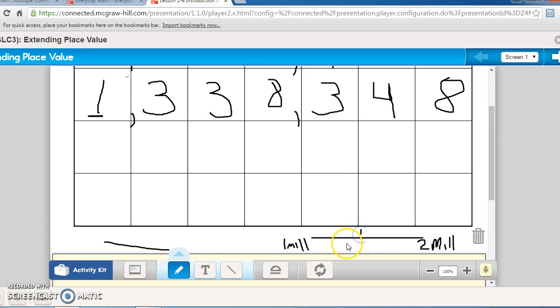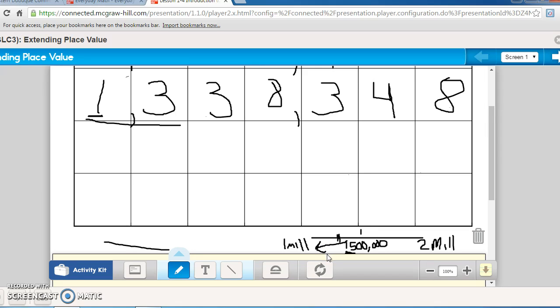Halfway would be 1,500,000. Because my first two numbers, 1, 5, are the halfway point, and this is 1, 3, that means I would plot this down on this side. So it goes down to the 1 million.